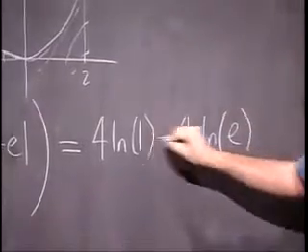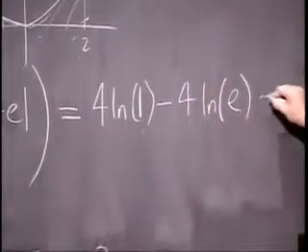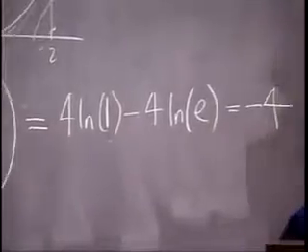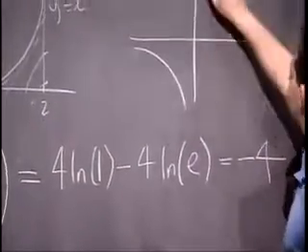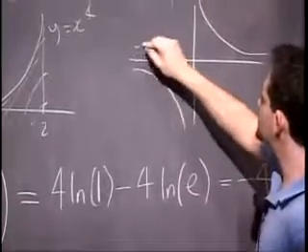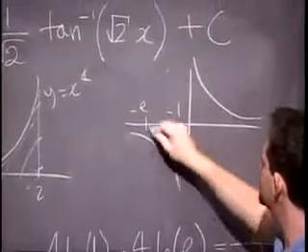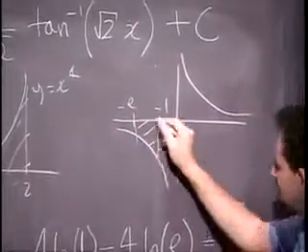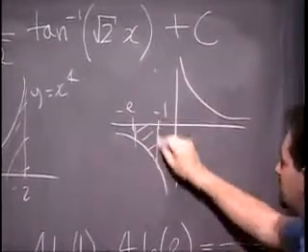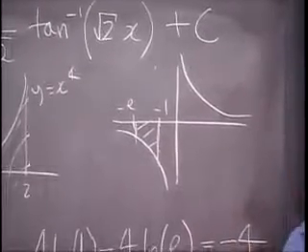Log 1 is 0. Log e is 1. So this is negative 4. Does that make sense? We're taking the curve y equals 1 over x, going from minus e up to minus 1. That area there is minus 4. Does that make sense? Yes, it's a signed area. We're below the axis, so it should be negative.